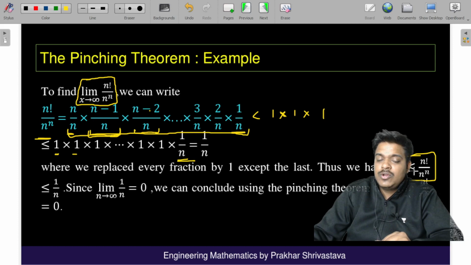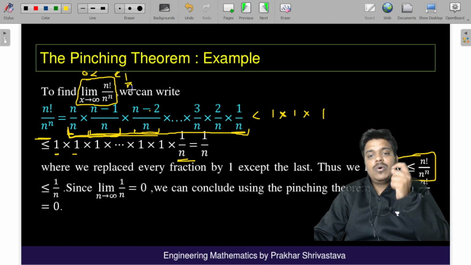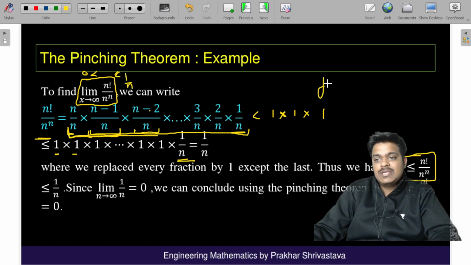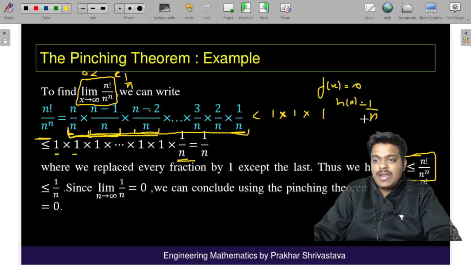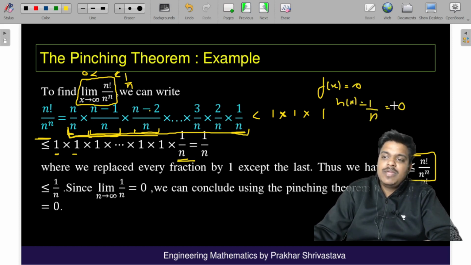And this same value is less than 1 by n because this whole function is less than 1 by n, yes or no? So if you try to calculate this value, it will be more than 0 and less than 1 by n. So the lower function f of x becomes 0 and h of x is 1 by n. Now we know if n tends to infinity, this will be equal to 0.